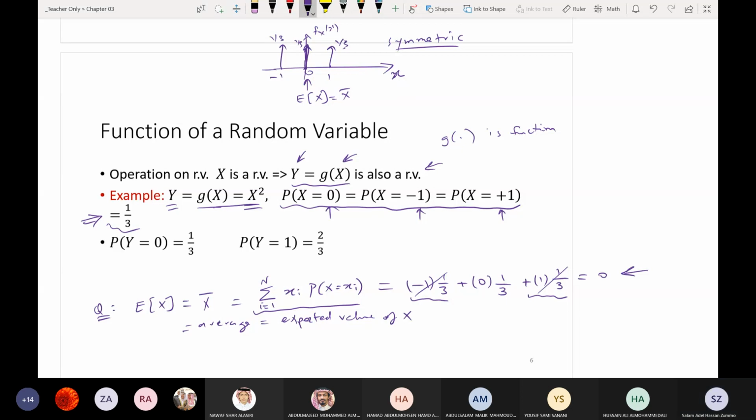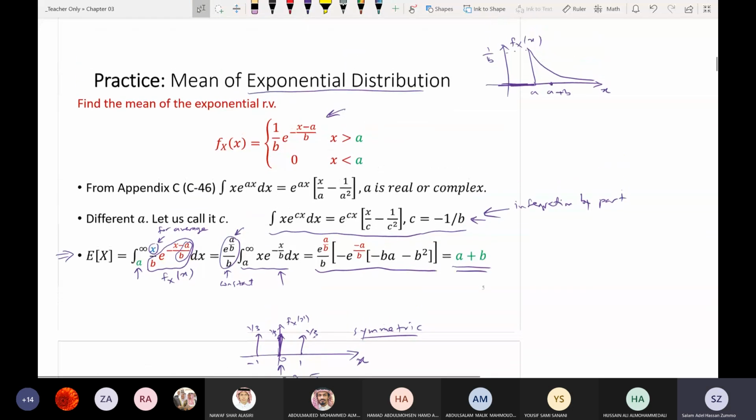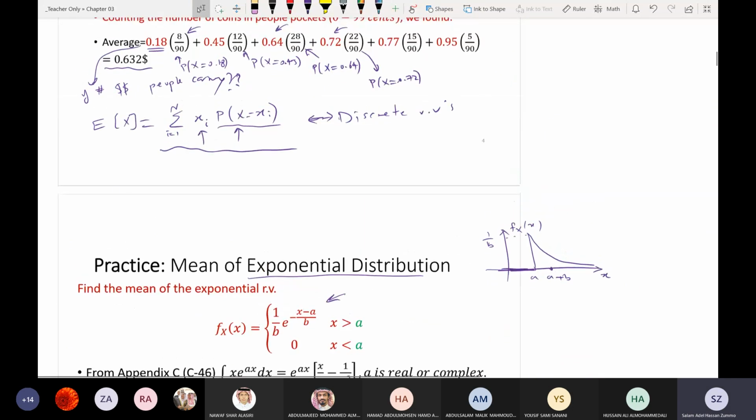Now, let's have an example for a uniform random variable between 0 and 10. Okay? Now find the expected value of x. Again, Shabab, calculate this and send it over the private chat.